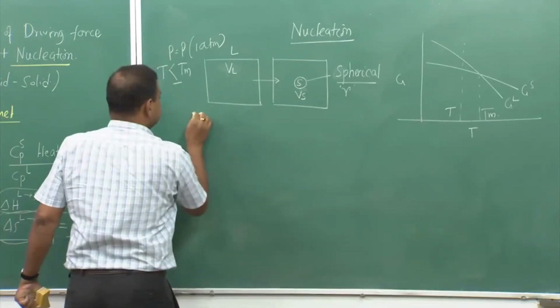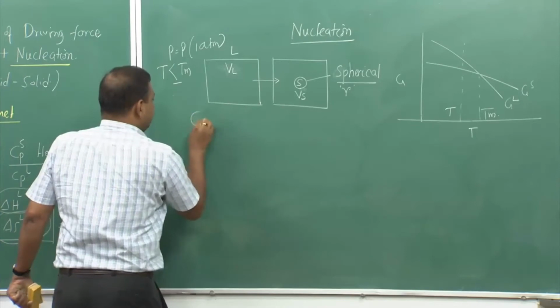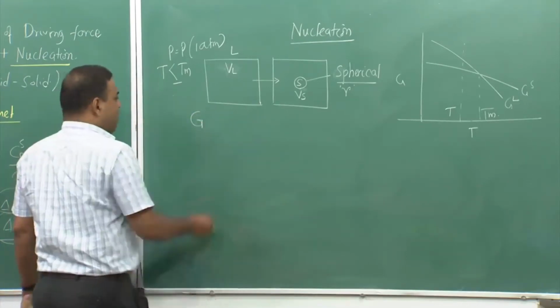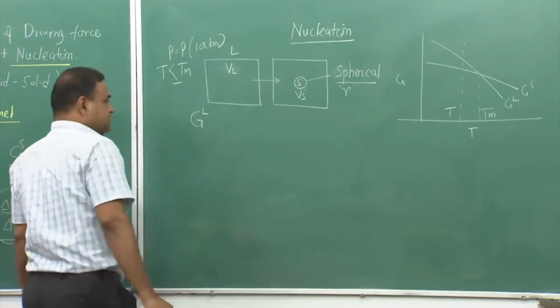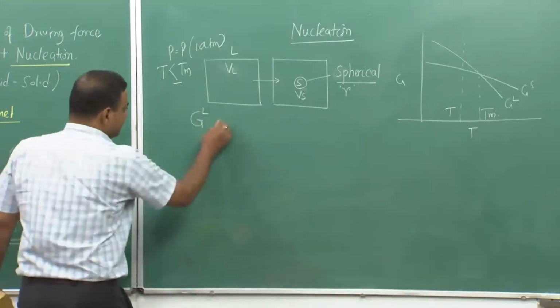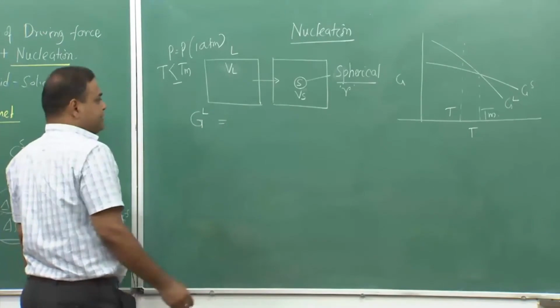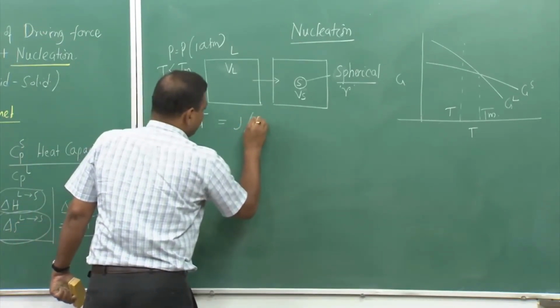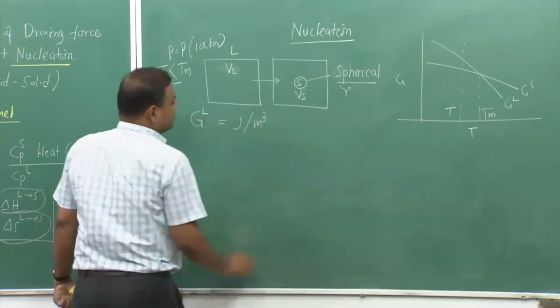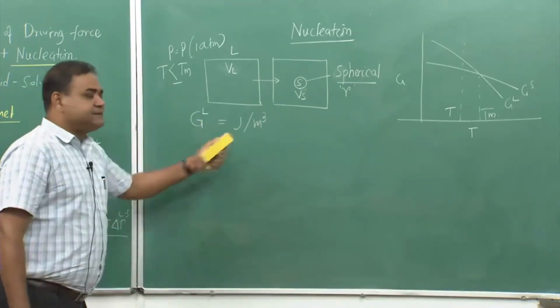Now, this is stage 1, this is stage 2, and if it is a liquid, then I can consider some free energy value of liquid at that temperature, and this free energy value would have unit as joule per meter cube. Now, how would we get this?